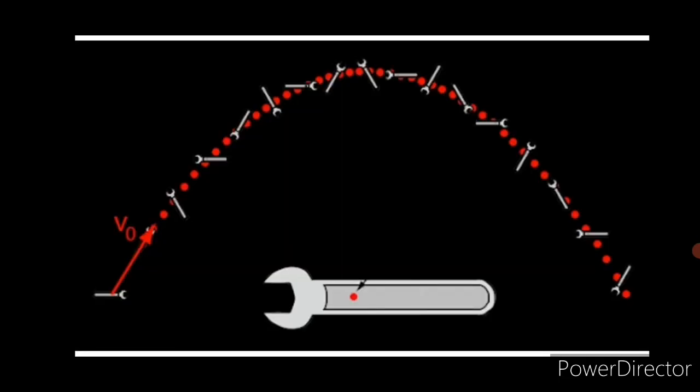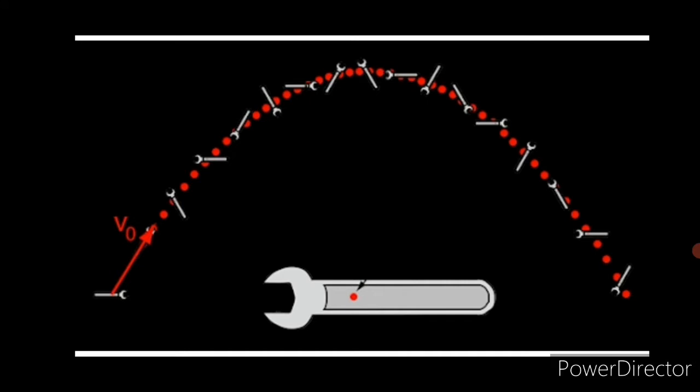Right, now let us see another example to understand. Here is a wrench, and this wrench is projected with velocity v naught. The body as a whole is under the influence of acceleration due to gravity, is it not? It is initially given some velocity in a particular direction, and the resultant of those two is not zero.